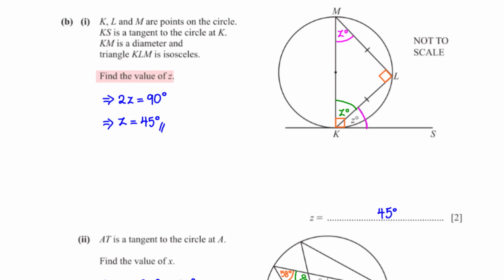Or we can also look at triangle KLM and say that since we know that one of the angles is 90 degrees, then the sum of the Z angles must also be equal to 90 degrees. When we divide both sides of the equation by 2, we get Z equals 45 degrees.